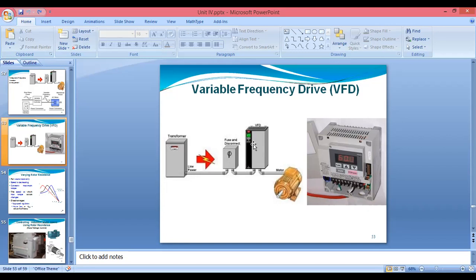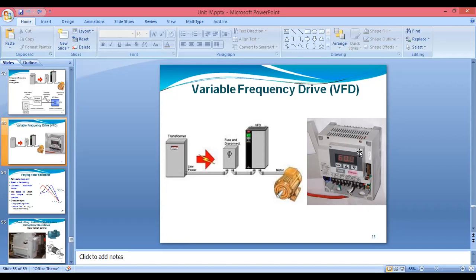So synchronous speed will change with a change in supply frequency, and as synchronous speed changes, running speed capital N will also change. So that speed we can vary by changing the supply frequency, and this method is used where the motor is directly powered from the generator. So here we can change the frequency by changing the speed of the prime mover of the generator, and as we increase the supply frequency, the speed of the motor will also increase. And if we decrease the value of frequency by using the VFO, what will happen?